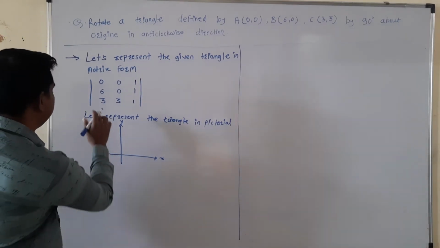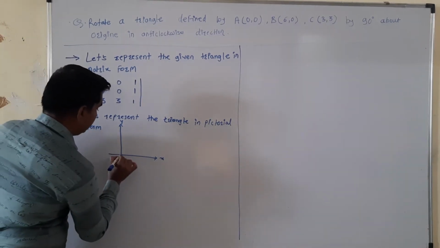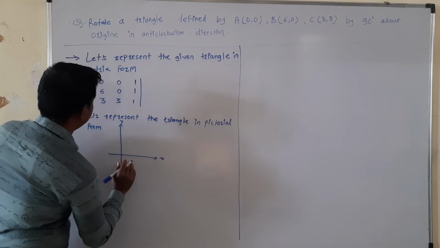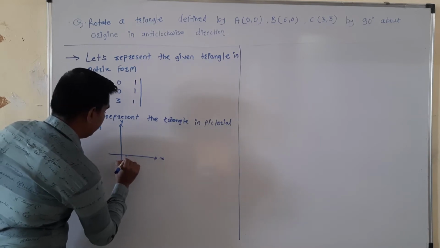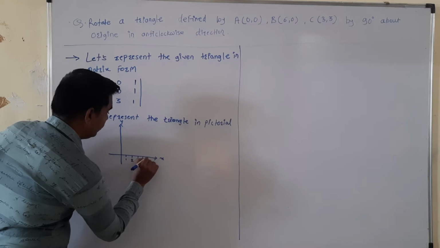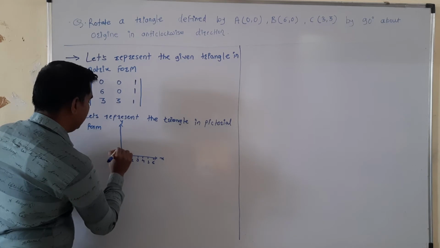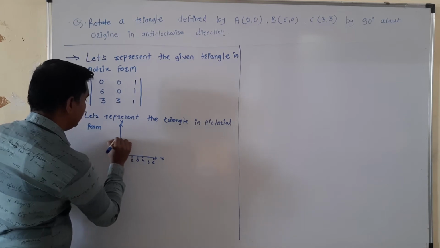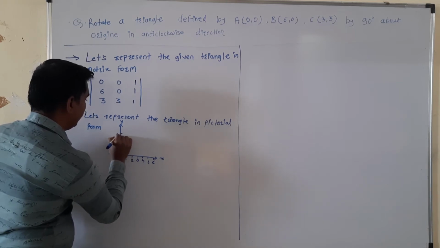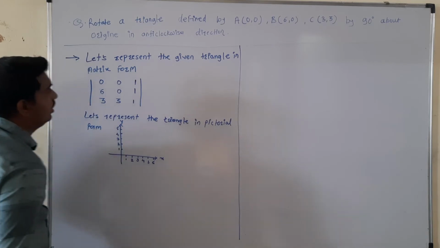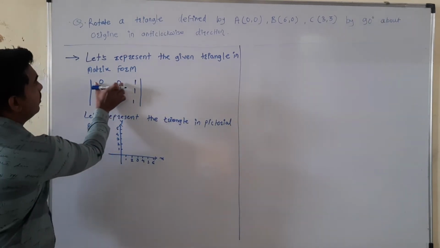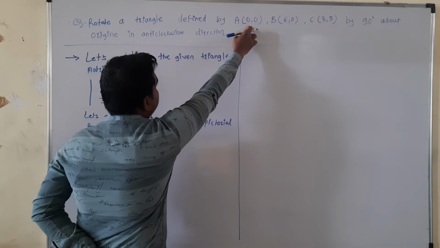So our coordinates start at 0, and we mark the coordinates 1, 2, 3, 4, 5 and 6. Similarly 1, 2, 3, 4, 5. The first point, that is A, is at the origin.